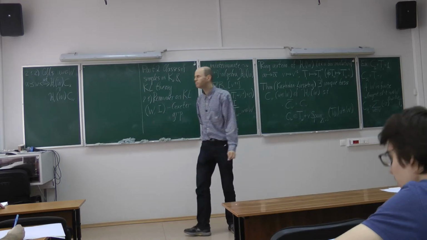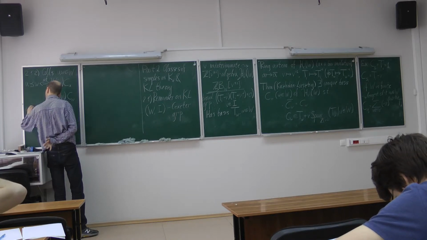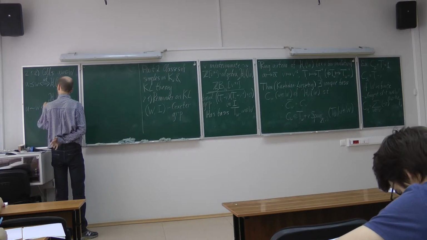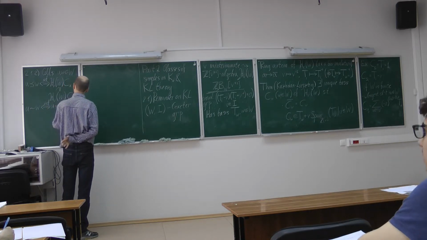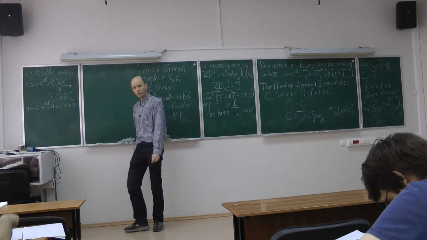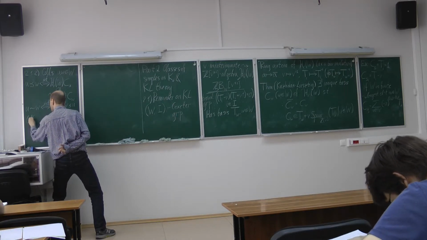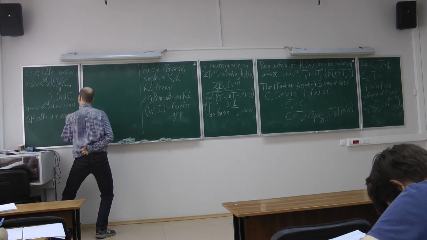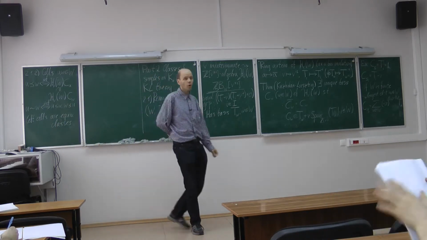Okay? And then we have a notion of equivalence. U equivalent to W by definition means that U is less or equal than W and W is less or equal than U. And by a left cell, we mean an equivalence class. So left cells are equivalence classes for this equivalence relation.